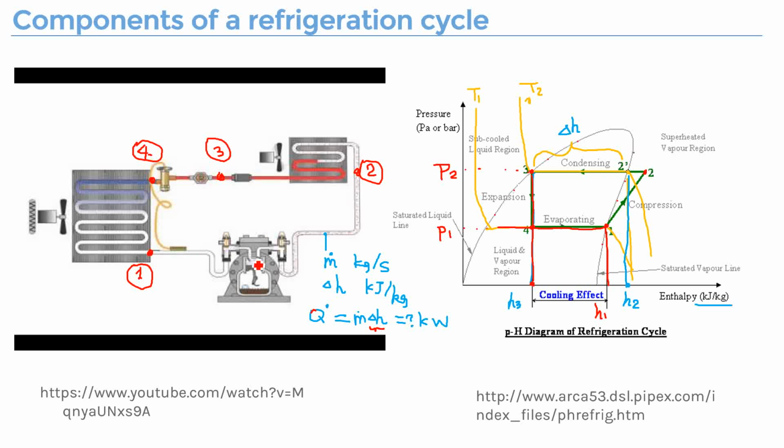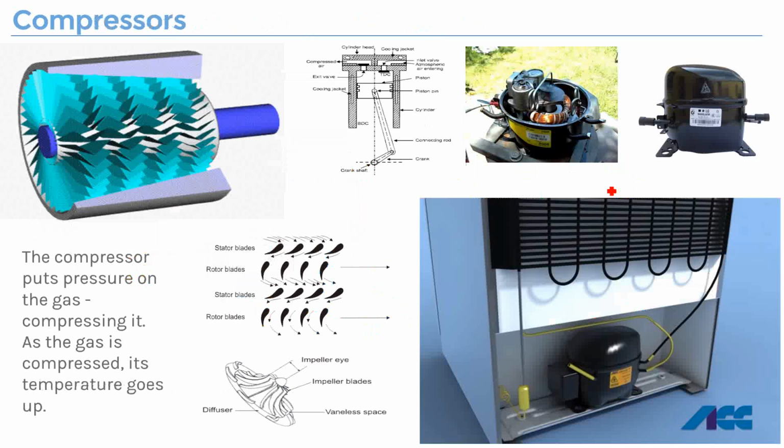The compressor would be H2 minus H1, so that is the work input from the compressor. And in the condenser, it's the sum of these two, so that's H2 minus H3. So basically that's the cycle. We will do some practice later to help you understand this part. But so far, does anyone have any questions? No? All good? Okay.